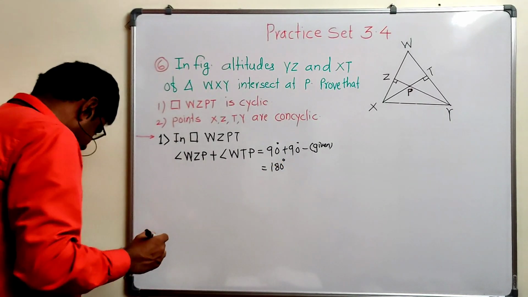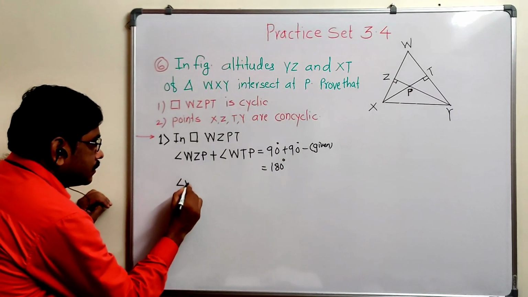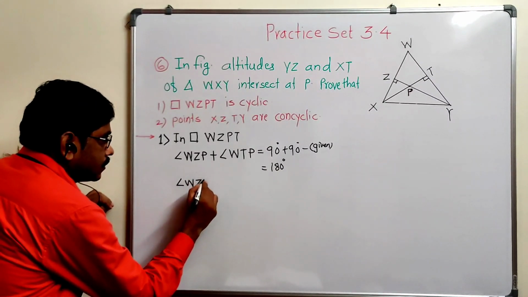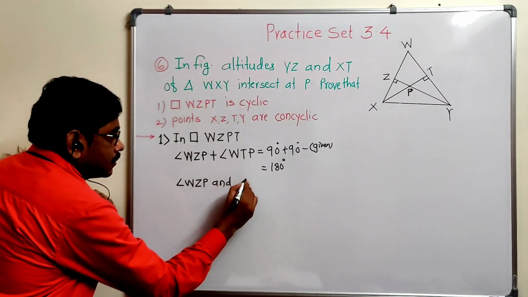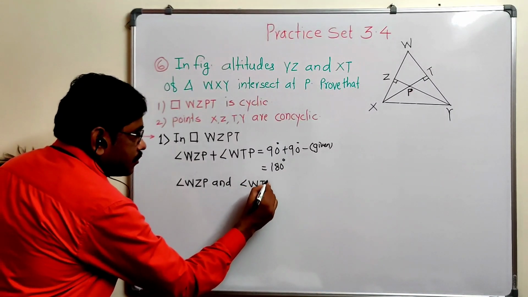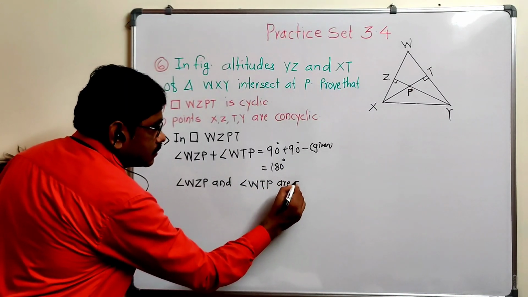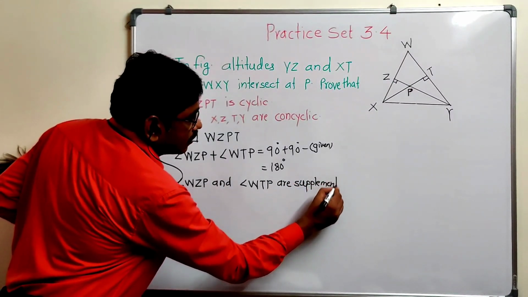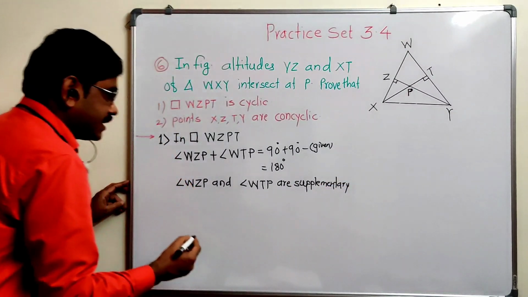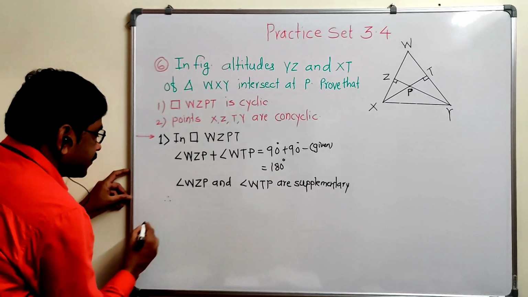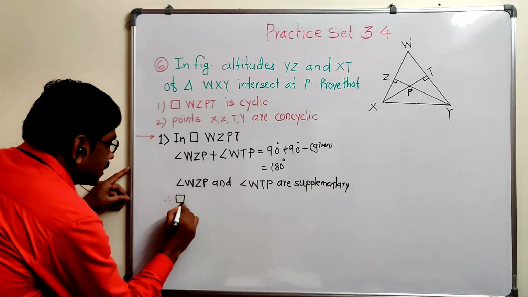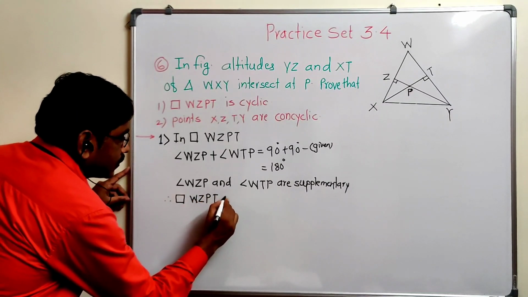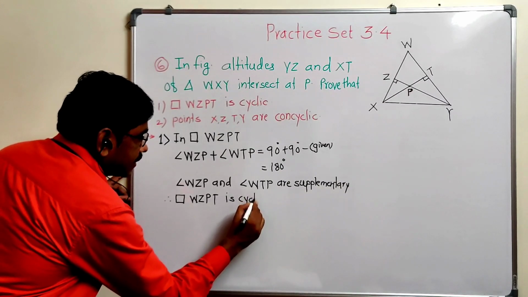Means what we can write? This angle WZP and angle WTP are supplementary. This one pair of opposite angles is supplementary, then by converse of the cyclic quadrilateral theorem, this quadrilateral WZPT is cyclic.